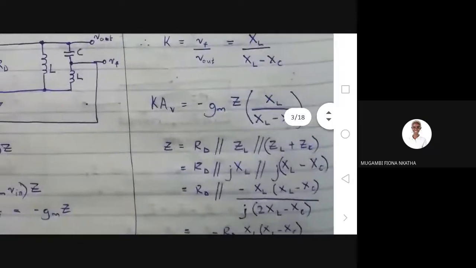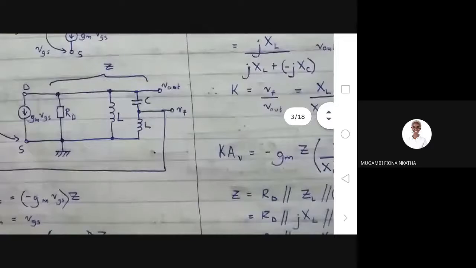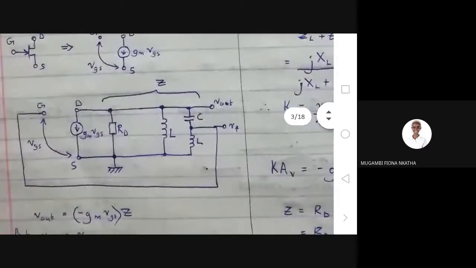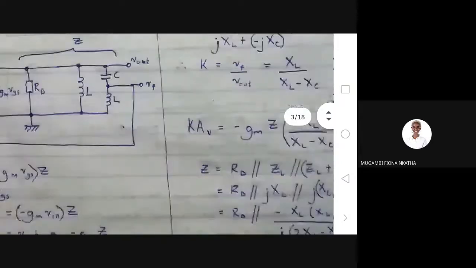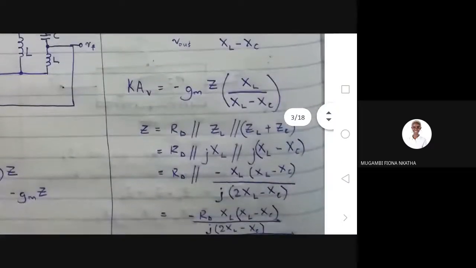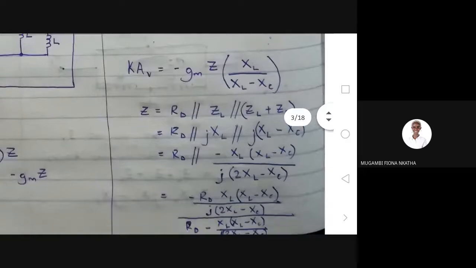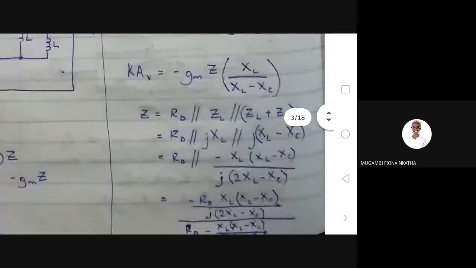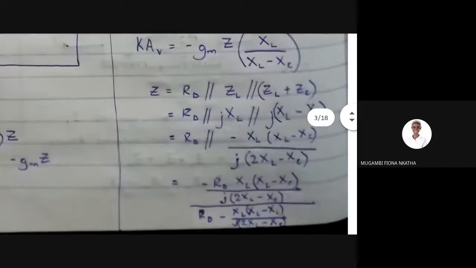Then calculating Z from the circuit, it's RD parallel with L and parallel with the series combination of C and L, which is what is here. First I decided to calculate the parallel of the L and the series LC, the two on the right of the equation. I got that equation.